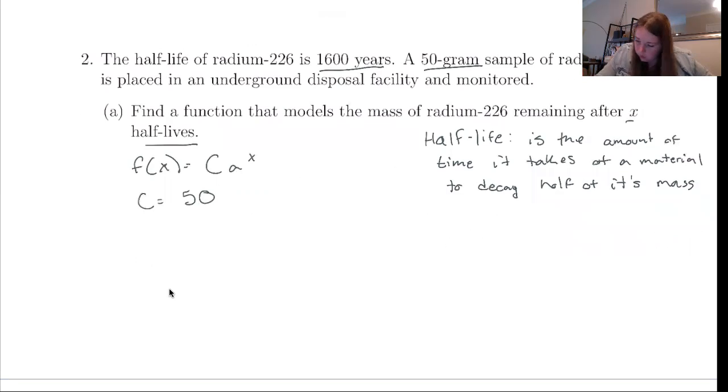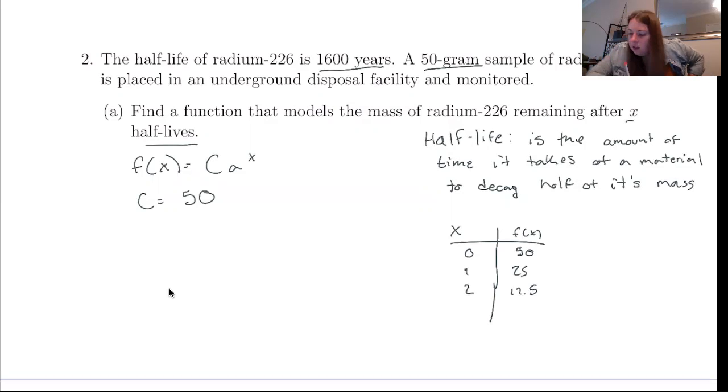And so with half-life, what is it going to do? So x is in half-lives, not years. So at 0, it's going to be 50. At 1 half-life, it'll be 25. At 2, it'll be like 12.5 and stuff like that, right?